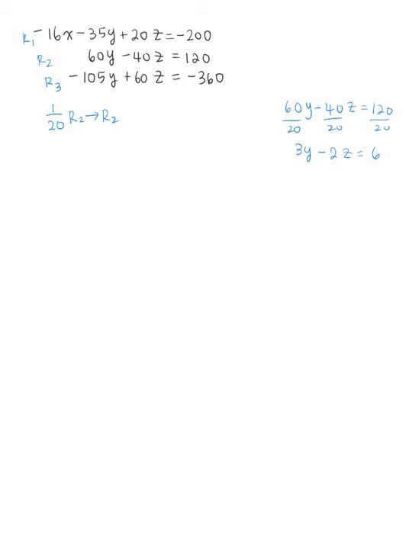So let's rewrite. Negative 16x minus 35y plus 20z equals negative 200, and then 3y minus 2z equals 6.